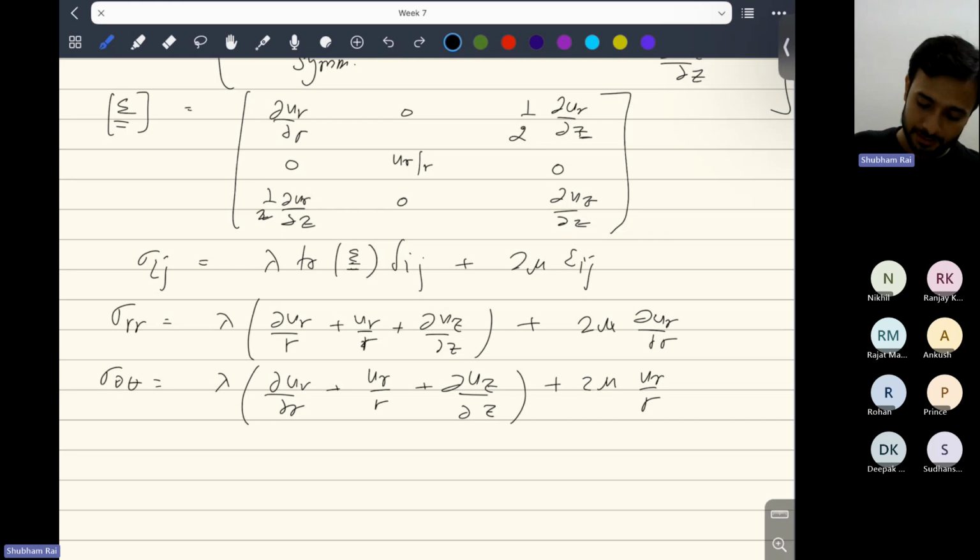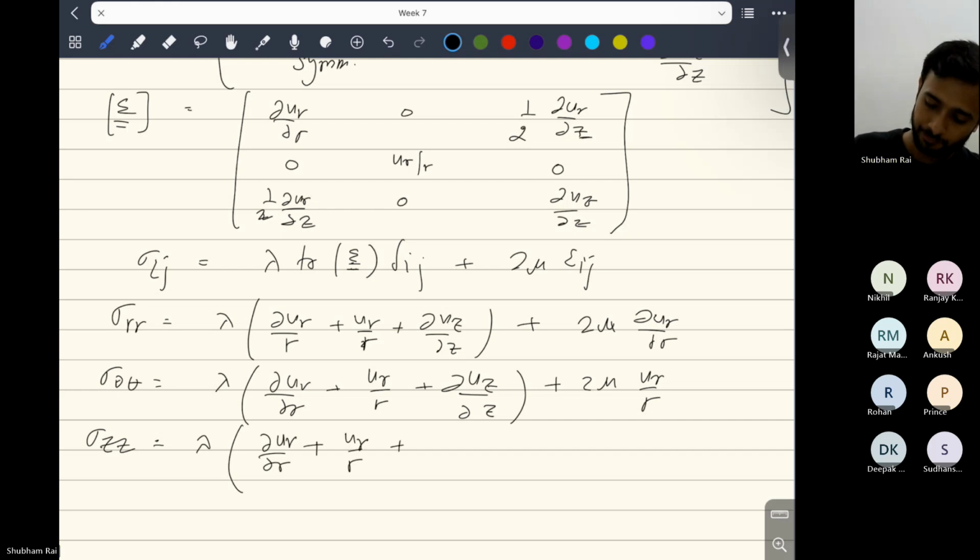Now you have σ_zz. So σ_zz is lambda times the same trace plus 2 mu ∂u_z/∂z. Right.